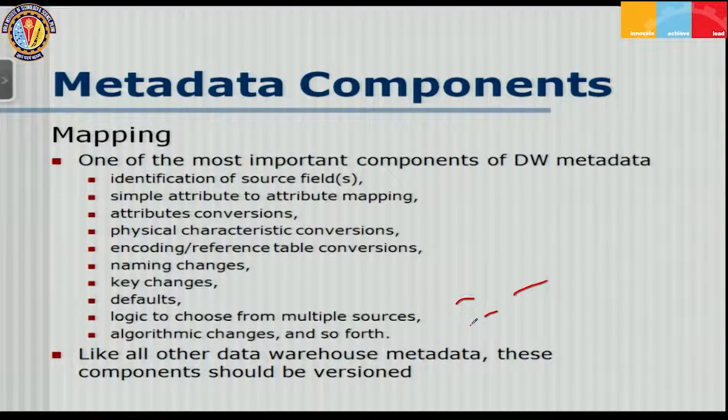Then the second metadata component is mapping. Mapping, as I told you, is an important aspect. One of the most important components of data warehouse metadata is the mapping part.